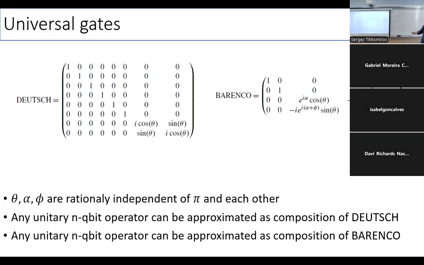If you have an implementation of this 3-qubit operator with a single value of theta which is rationally independent, then it's possible to prove that any gate on any number of qubits can be approximated with any precision by a certain composition of those gates. So theoretically, it's enough to implement it, and after this you can implement almost everything. But it doesn't tell you how long the program would be.